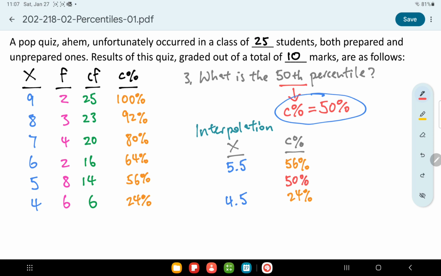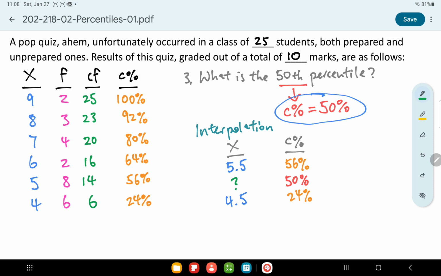Which makes sense. 50% is somewhere between 56% and 24%. Now, the corresponding score of X equals whatever, that would be somewhere right here. We can indicate this with a question mark.